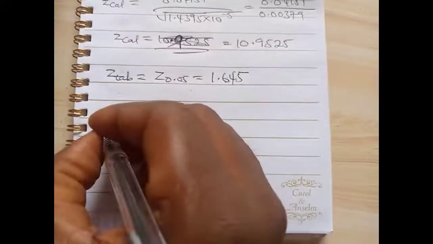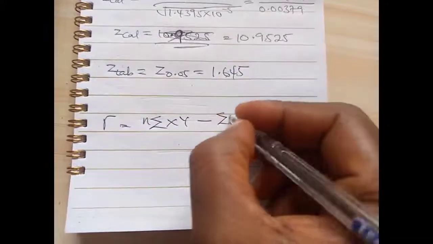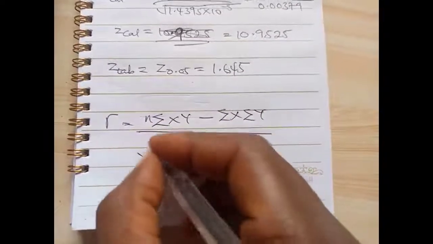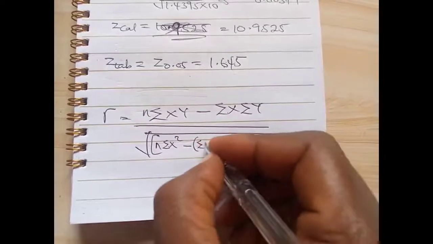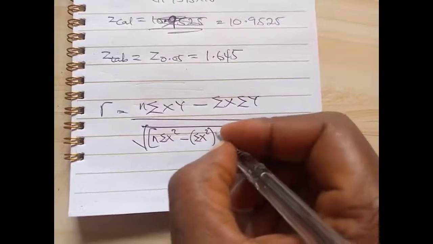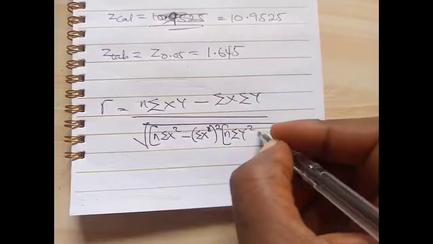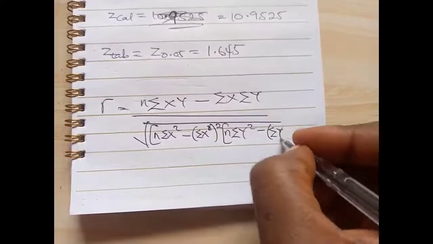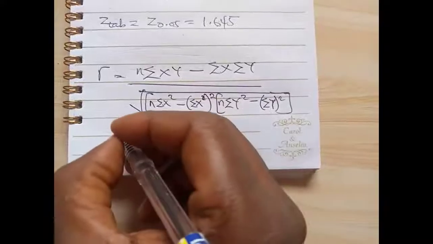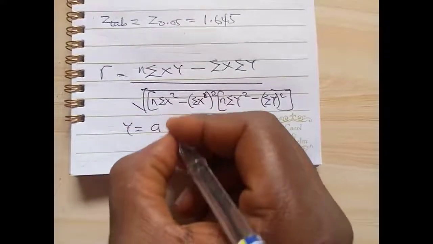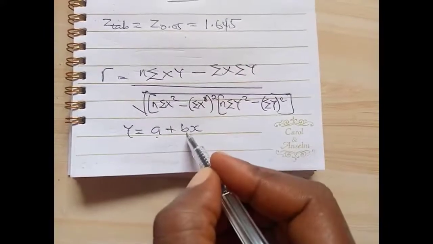The third difference is that the strength of relationship is given by r equals n summation xy minus summation x summation y, all over the square root of n summation x squared minus summation x all squared, multiplied by n summation y squared minus summation y all squared, while the regression model is given as y equals a plus bx, where a is the intercept and b is the slope.